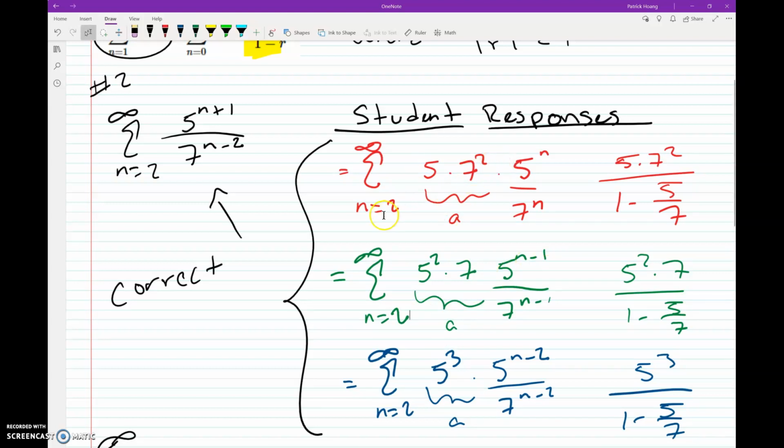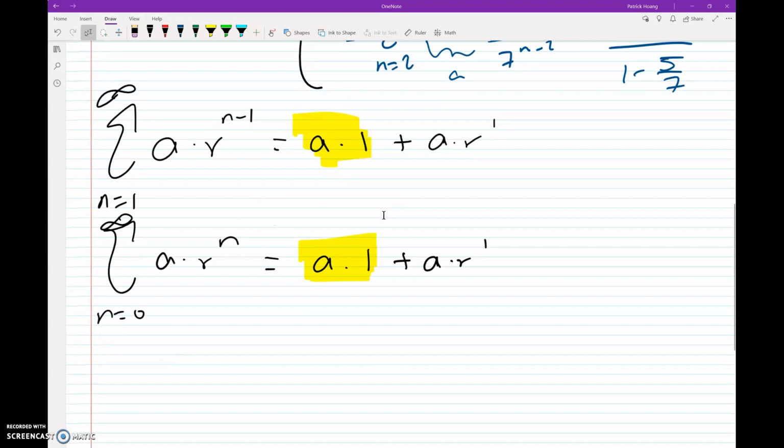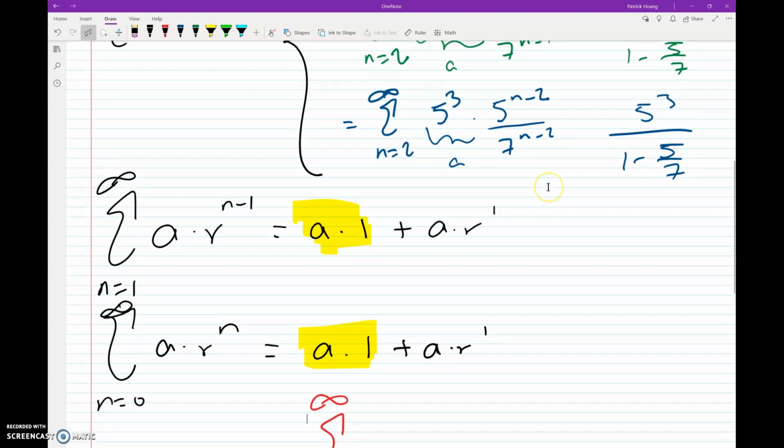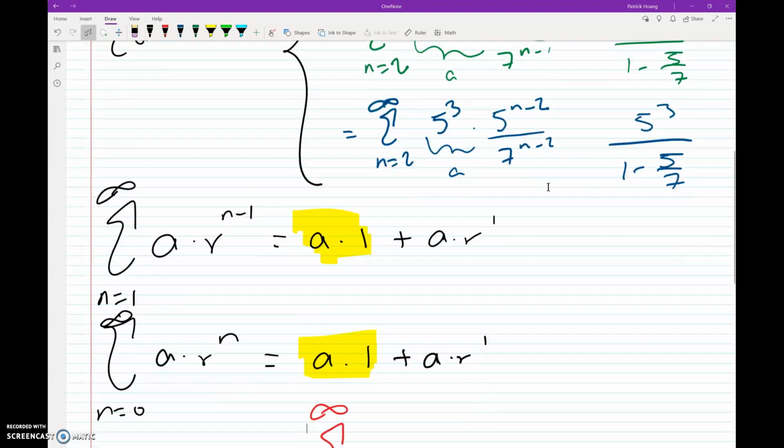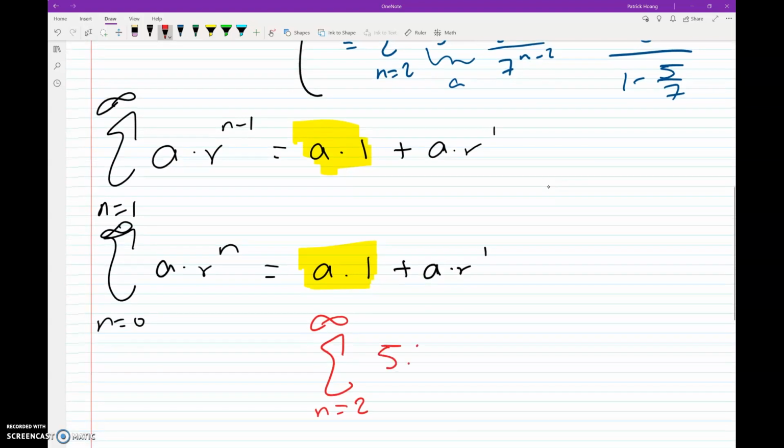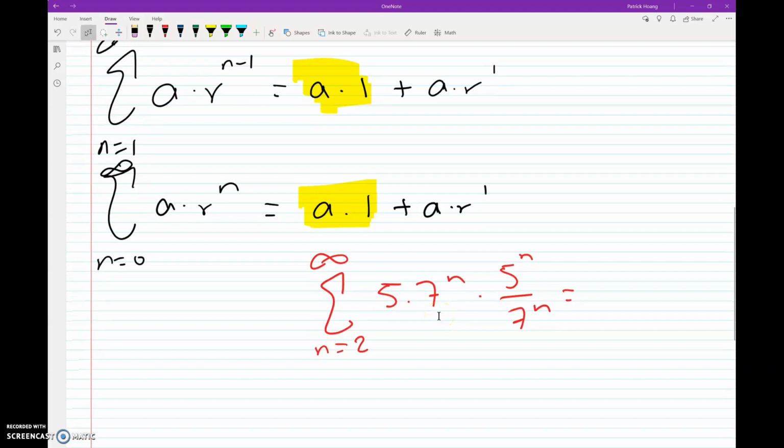So let's take a look at the red one, for example. For the red one, we said that the sum from n equals 2 to infinity of 5 times 7 squared times 5 to the n over 7 to the n, our first term, if we substitute n is equal to 2, would be 5 times 7 squared times 5 squared over 7 squared.